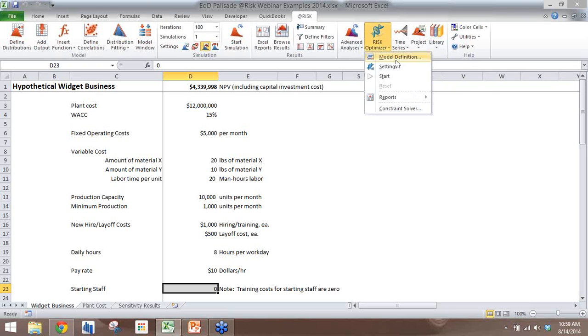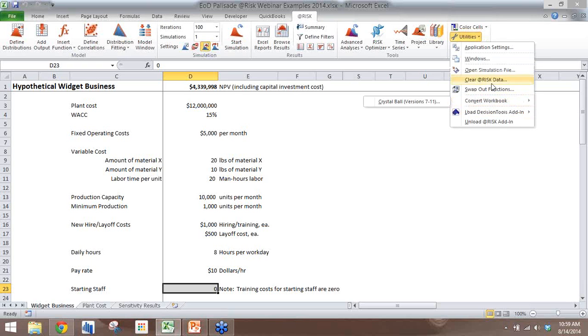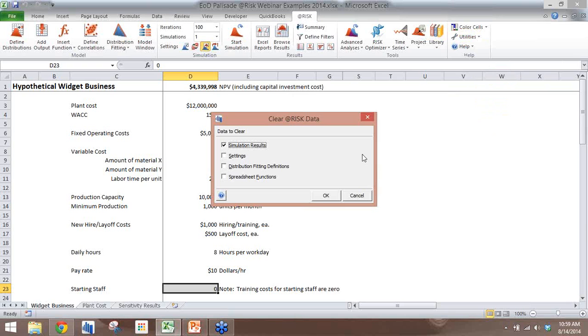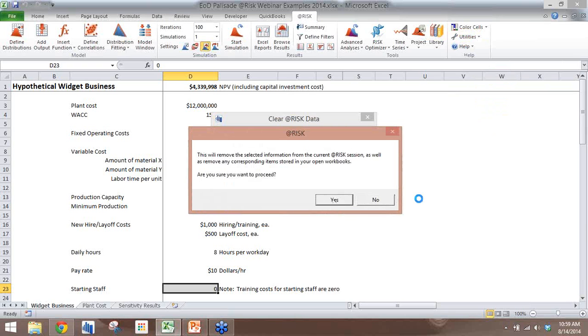So I'm going to start here. I'm going to also do my model definition. Now, I've learned it's also good to clear out some of the at-risk results and just get everything reset. So I'm going to clear my at-risk data just in terms of my simulation results.